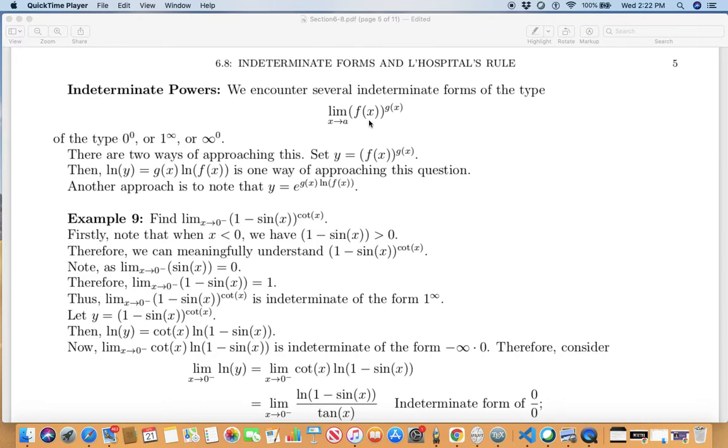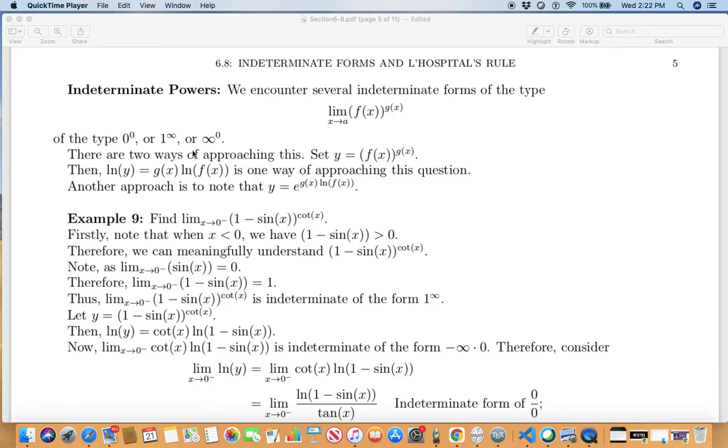On the other hand, approaching 1 here and approaching infinity there. 1 to any power is 1, but 1.001 to the power 1 million is a large number. So 1 to the infinity, the limit is indeterminate. Likewise, infinity power 0, that limit is indeterminate. So there are 3 types: 0 power 0, 1 power infinity, infinity power 0.